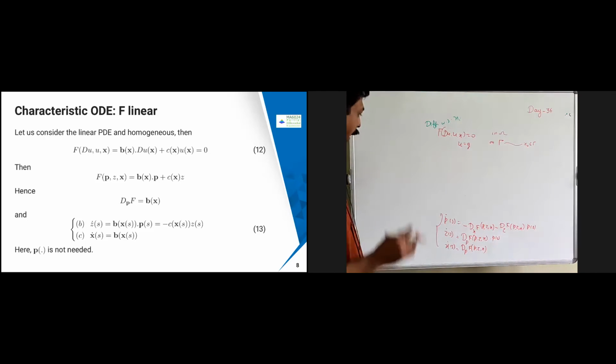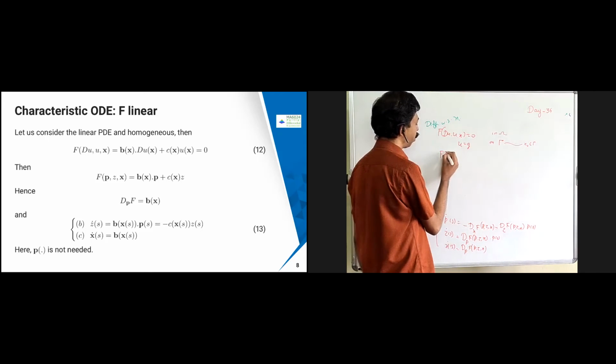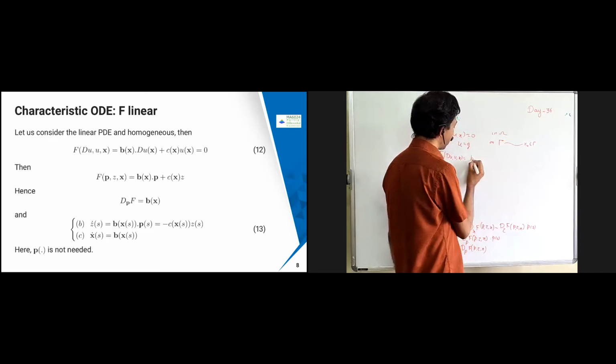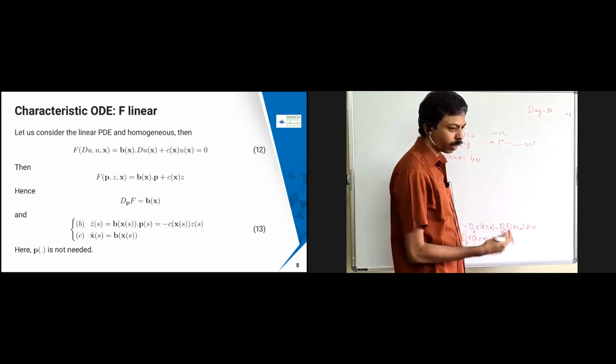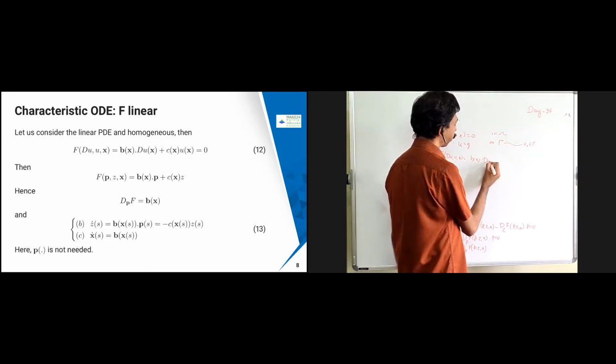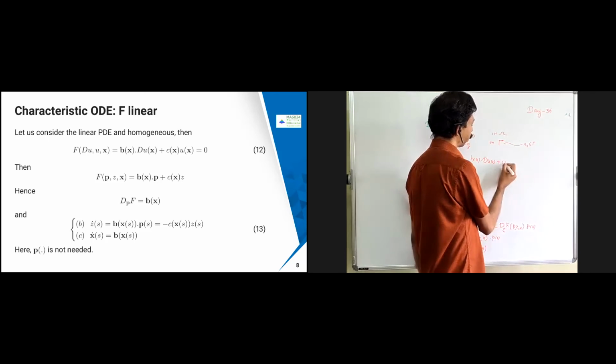So this is the characteristic ODE. We are going to obtain the same thing for our linear PDE. In linear PDE, in general, f of Du, u, x is of the form b of x, some function b of x, into Du of x, plus c of x into u of x, equal to 0.